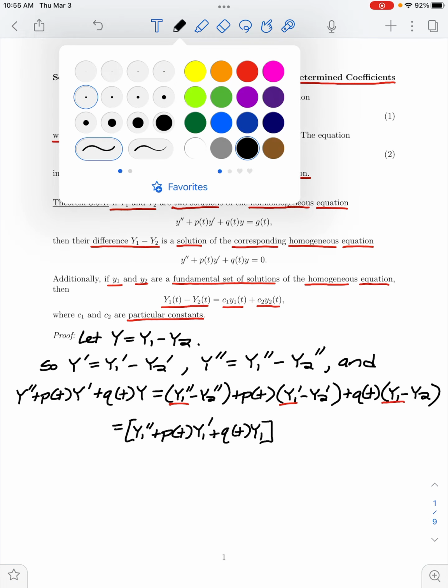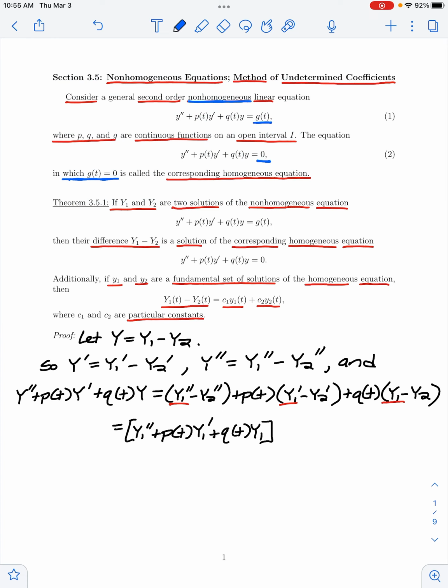And then if I group all of my terms involving Y2, or one of the derivatives of Y2, I see that all of these terms have a factor of -1 that I could factor out. And I would be left with Y2 double prime plus p(t) times Y2 prime plus q(t) times Y2.